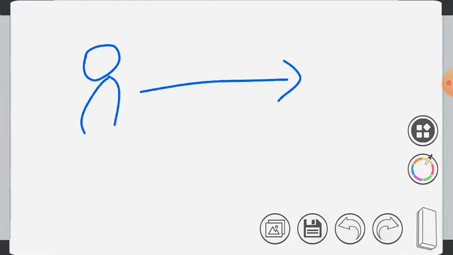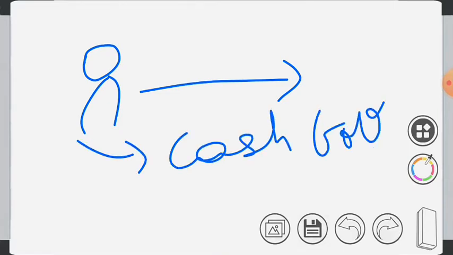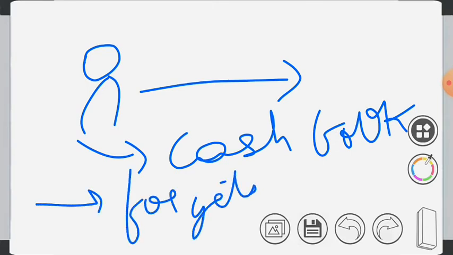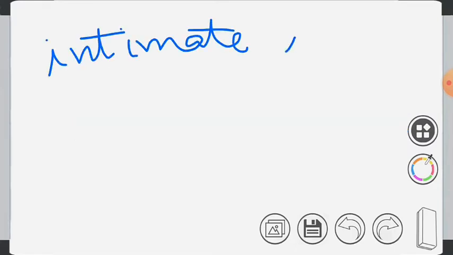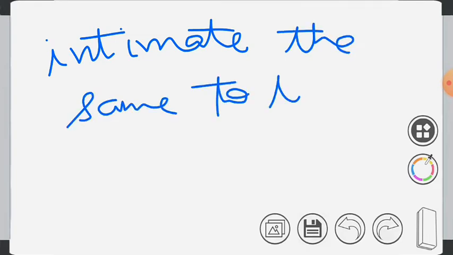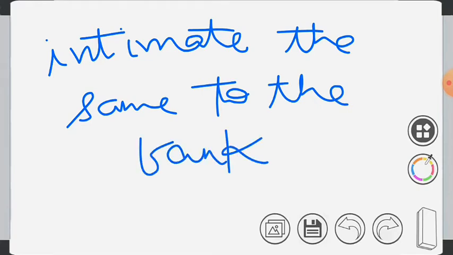Sometimes when the customer of the bank enters any transaction, he may enter it in the cash book which is with him, but forgets to intimate the same to the bank. Such a situation is called an error in the balances.